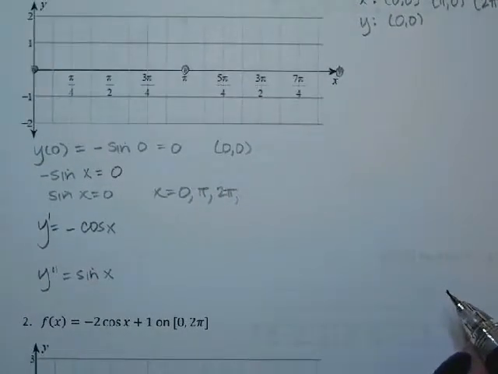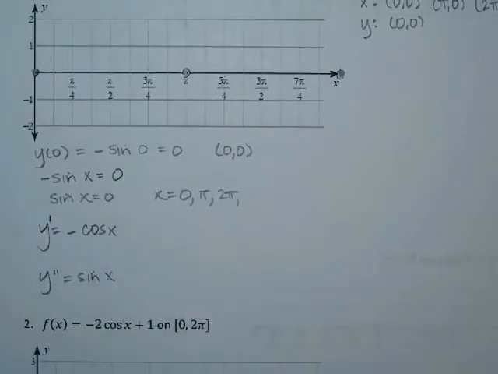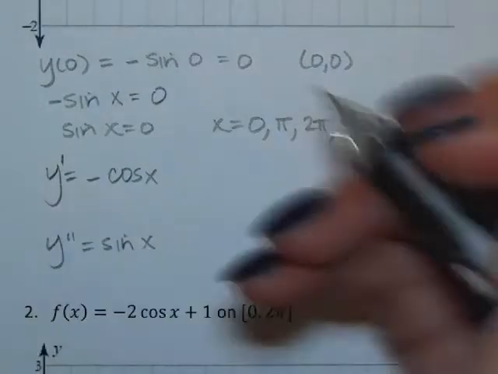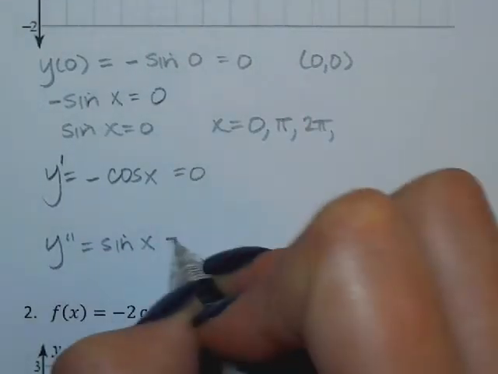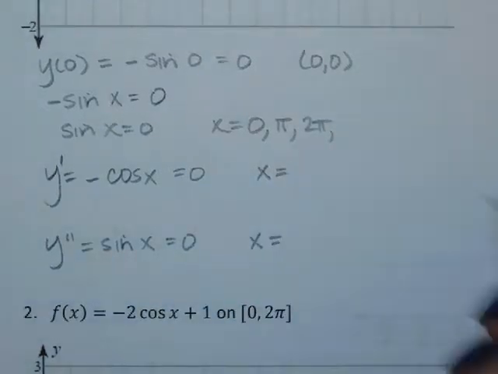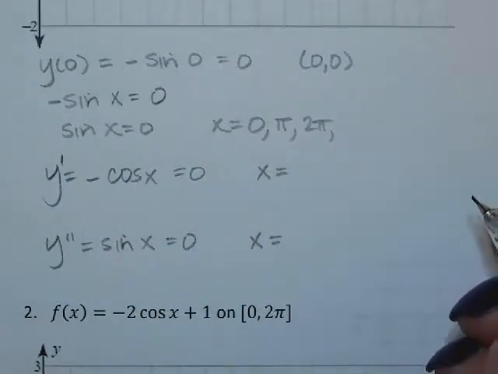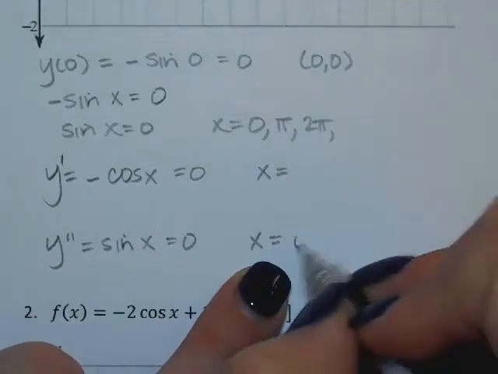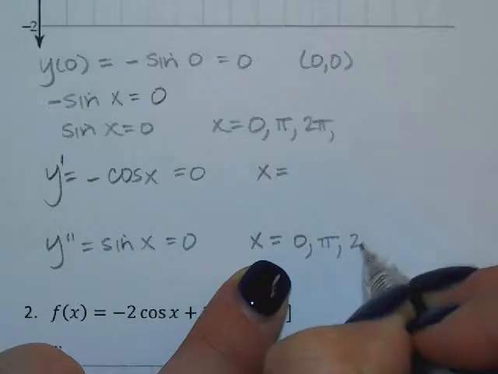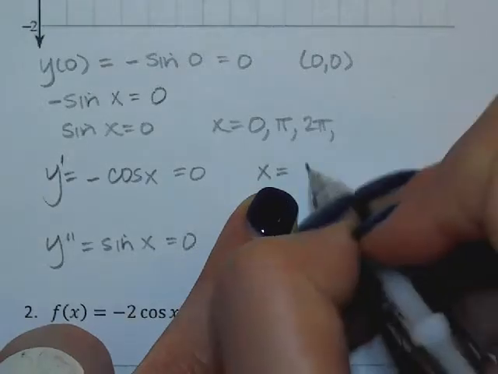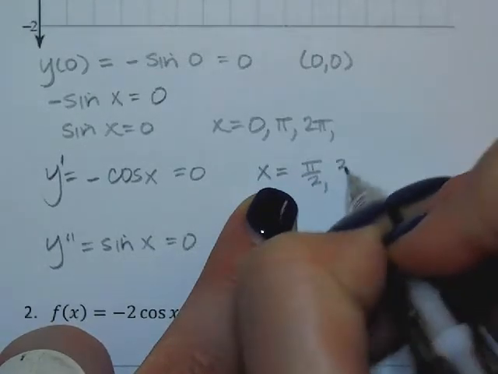And what do we do with the derivative and the second derivative? We set them both equal to 0. So we already know sine, right? What are those? Okay. And then what about for cos? Where does cos equal 0?